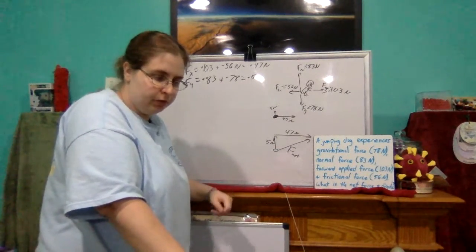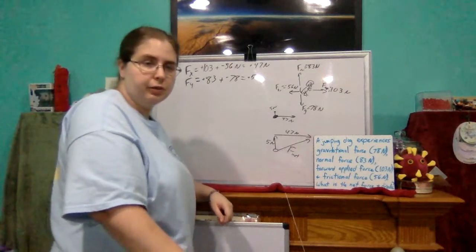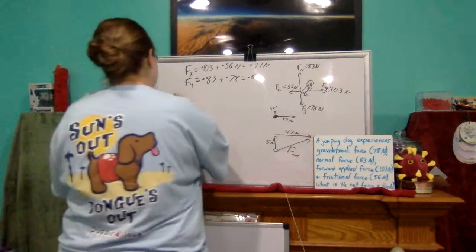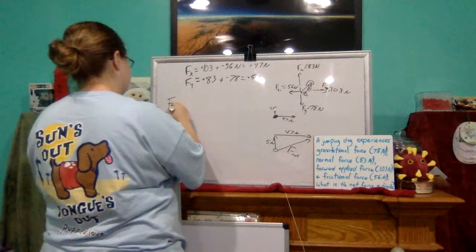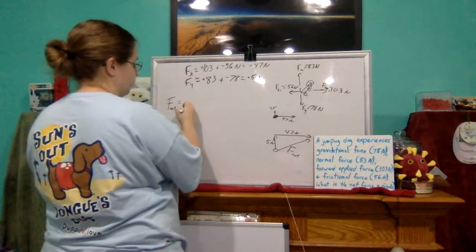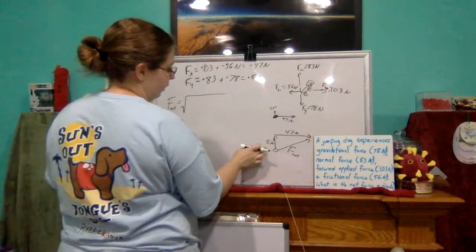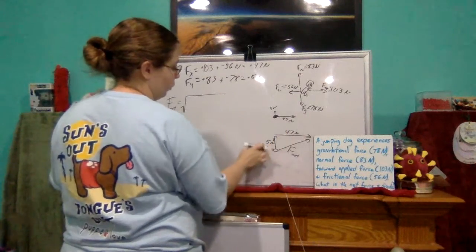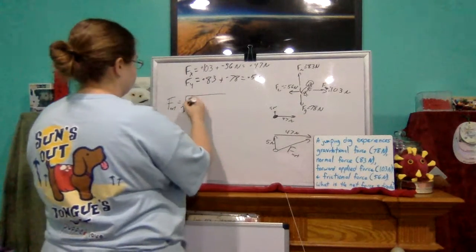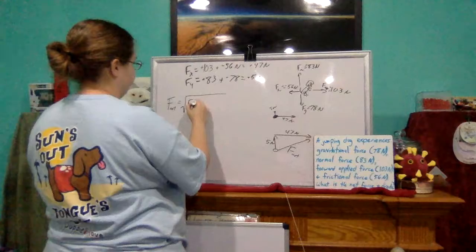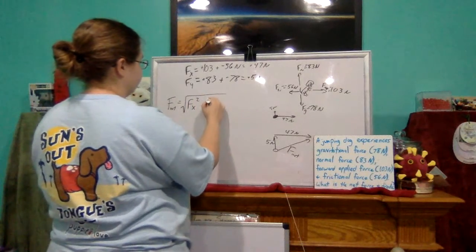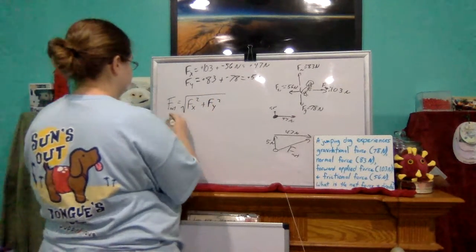All right, so we're going to do it just like we did before. Pythagorean theorem rearranged. So the net force would equal the square root of fx squared plus fy squared.